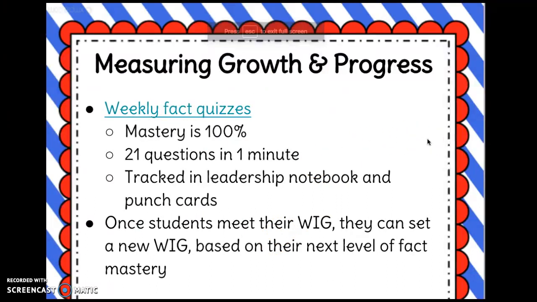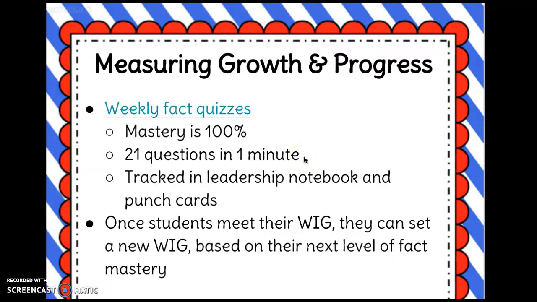We have weekly fact quizzes, and these quizzes should be done weekly, just so students have a lot of opportunities to meet their goals. Mastery, like I said, is 100%. Most of these on here are 21 questions in one minute.